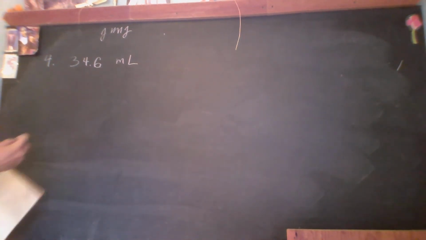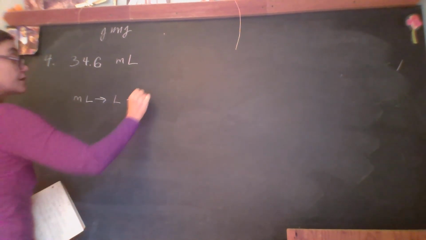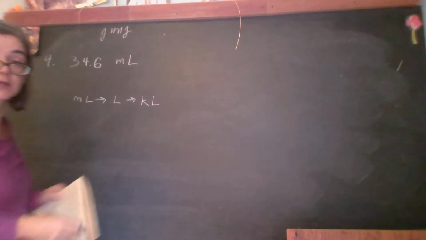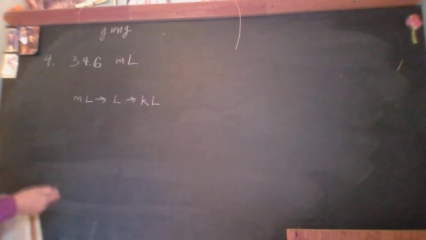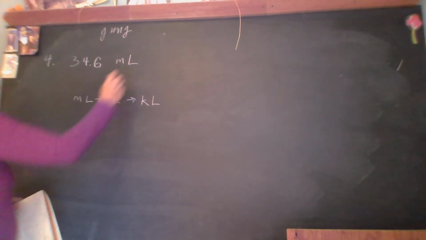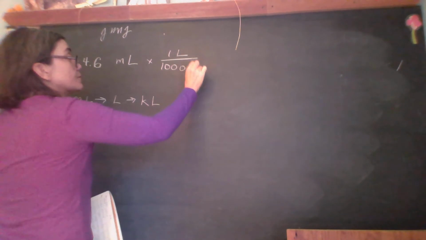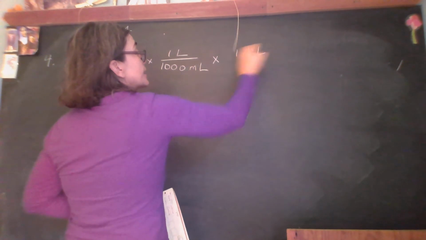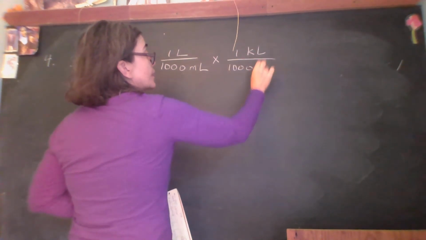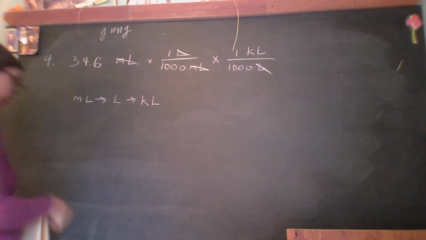We need to go from milliliters to liters and then to kiloliters, which are normally not used, but we can do it because we know what kilo is. So we want the liters in the numerator, so it's going to be 1 liter per 1,000 milliliters. And I want the kiloliters in the numerator, so it's going to be times 1 kiloliter per 1,000 liters. Liters cancel, milliliters cancel, we end up with kiloliters.